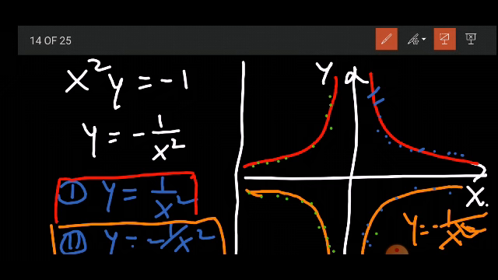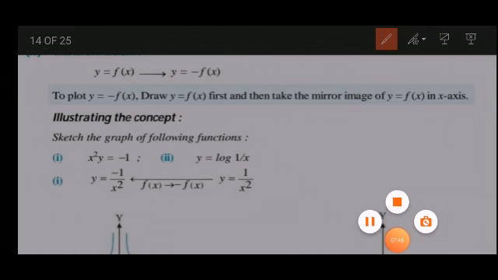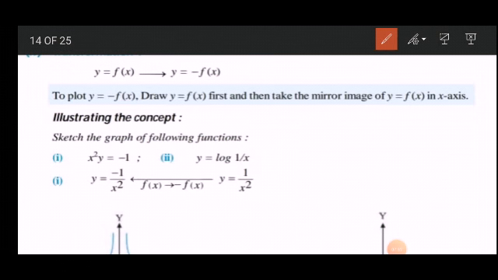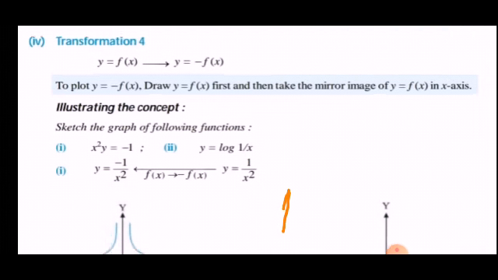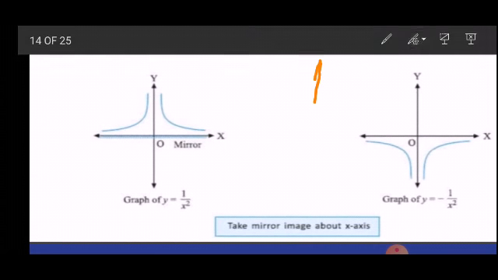Fine. So let's see the illustration over here. We wrote here y equal to minus 1 by x square. So f of x to minus f of x, how will we go for this? Let's draw over here. This is the graph of y equal to 1 by x square, which is in the first and second quadrant.